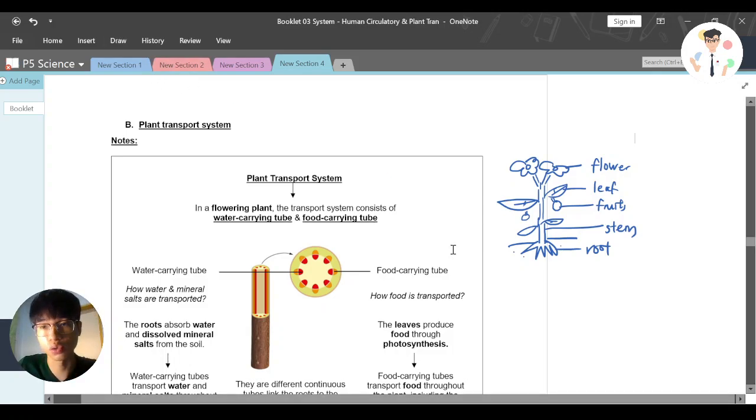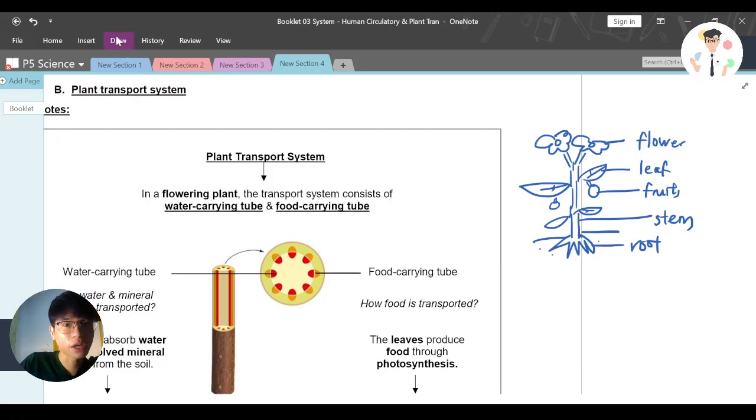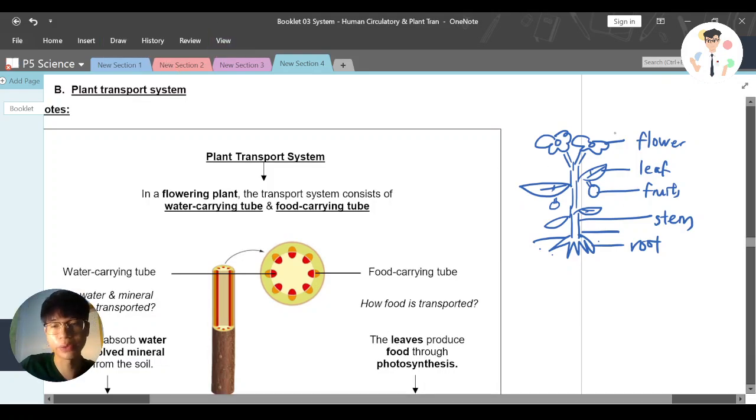It will turn into the fruits. And leaf, what is the function of leaves? Let me just do a quick recap. Leaf actually absorbs the sunlight and produces food, very important. And fruits, as you know, is a kind of reproductive part involved in the reproductive system.